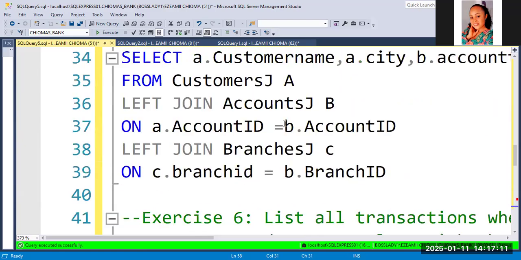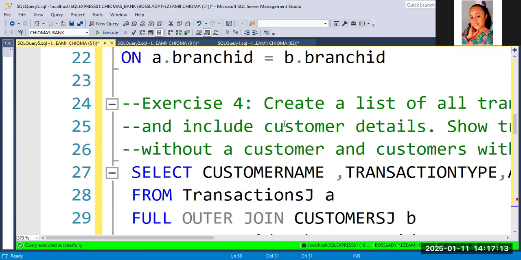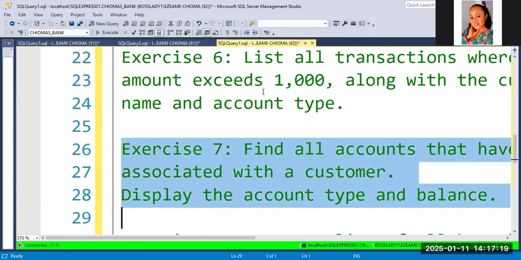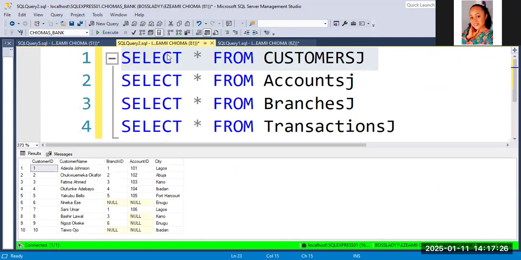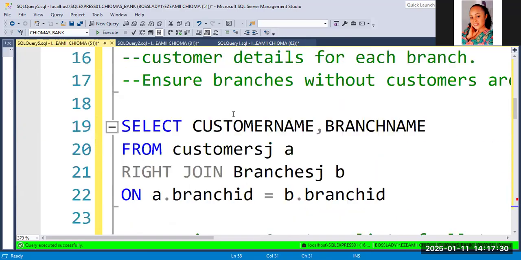Oh, really? This question number 7, we didn't add where the transaction amount is 1,000. So this question, we did not finish solving. So let's quickly add that. Yeah, I skipped that part.